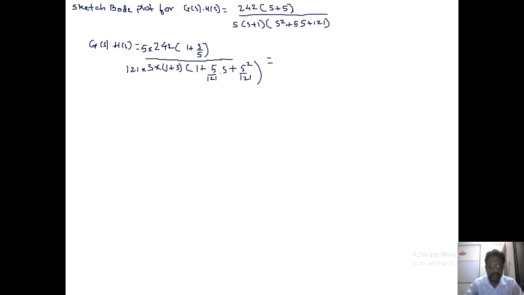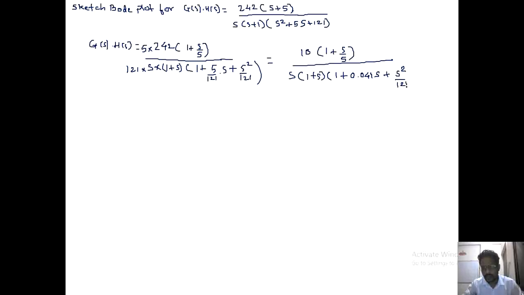Calculation: 5 into 242 by 121, so 121 into 2 becomes 242, so 121 twos are 242, into 5, so in the numerator 10 (1 plus s by 5), divided by s (1 plus s), and in another bracket 1 plus, if you solve 5 by 121 on the calculator you will get 0.041, so 0.041 s plus s square by 121. So this is our converted standard form.